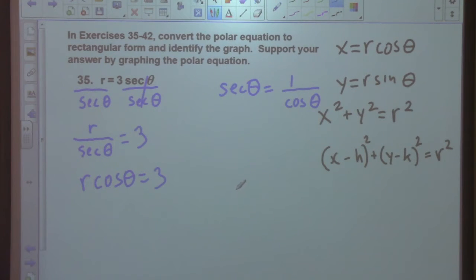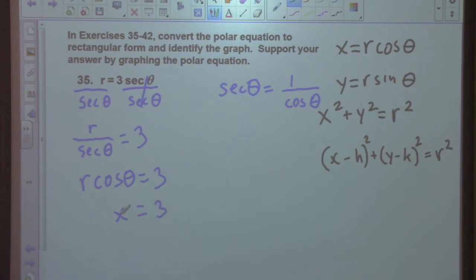It makes sense? Okay, what can we replace r cosine theta with? x. So we're going to take this x and replace that r cosine theta with x. And so what are we left with? x equals 3. And so we've made some algebraic maneuvers here, haven't we?